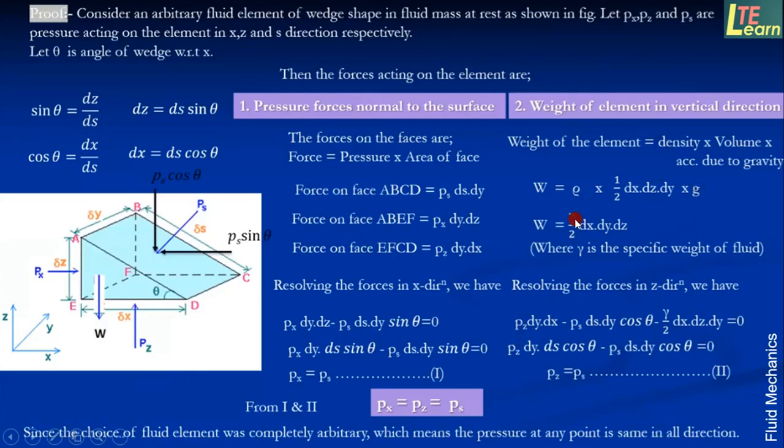For the specific weight we write gamma. So capital W is equal to gamma upon 2 into dx dy dz, which is the volume, where gamma is the specific weight of the fluid.